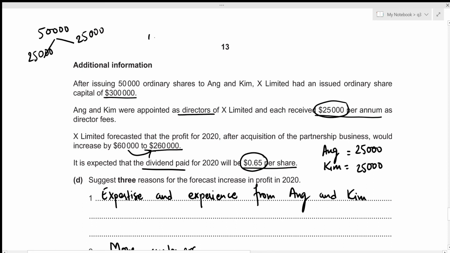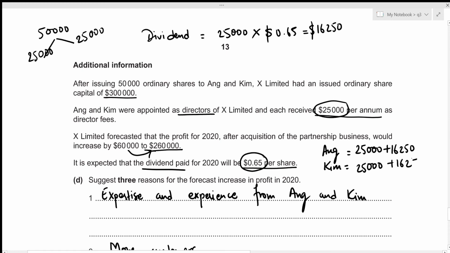So the dividend is just going to be 25,000 times 0.65 per share rate. So this gives the total dividend received by Ang as well as Kim to be 25,000 times 0.65, which results in 16,250. So this is the additional income. So both of Ang and Kim will have the total income of 25,000 plus 16,250, which is 41,250 from X Limited. So let's record this as well.